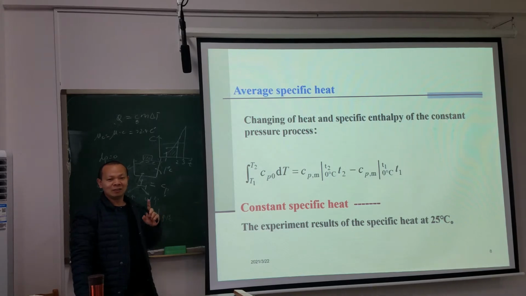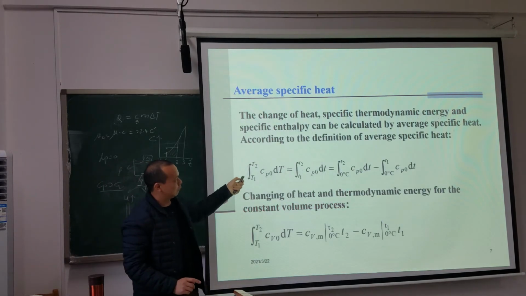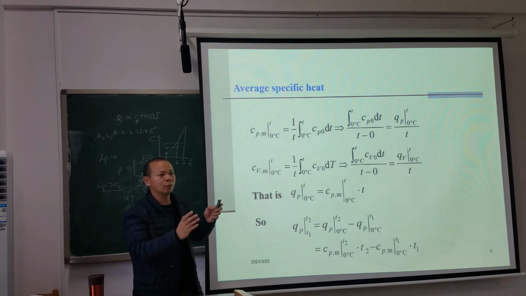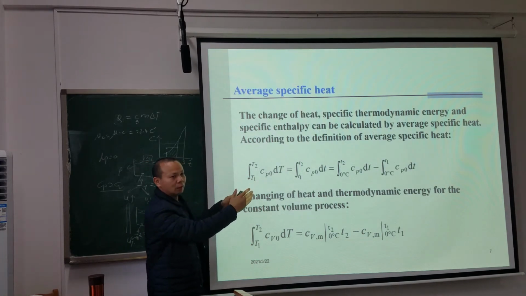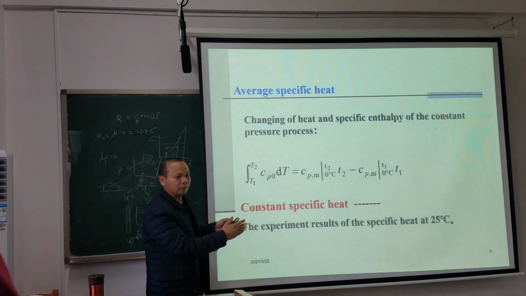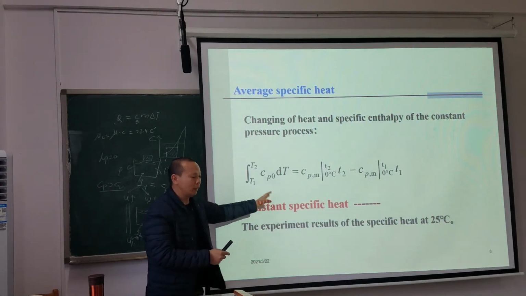I don't know whether you can understand me now. When we talk about a lot here, we just need to know there is a real one, an average value, and also a constant value, but we use the simplest one. This is the kind of thing that we use.